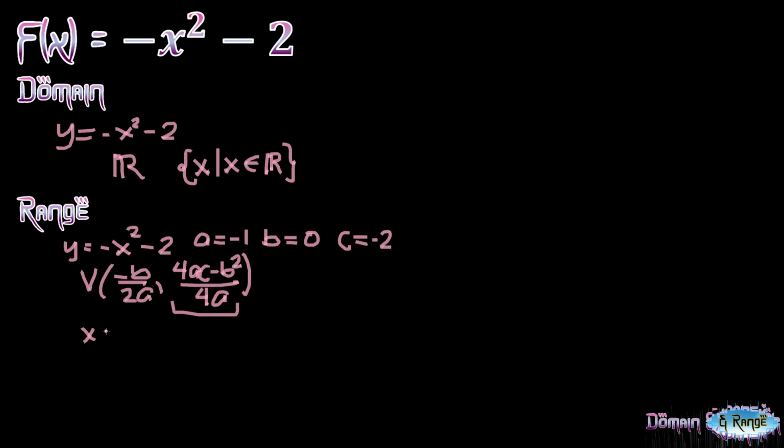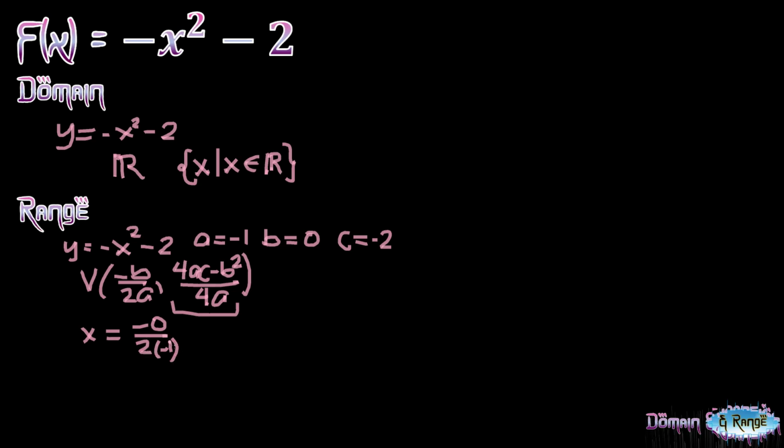Let's substitute here. Of course, you can substitute all three of these and we'll get a value of y, which automatically solves the range. But I'm just going to present the value of x first because we're going to illustrate it on a Cartesian plane later. So you have negative of 0 over 2 times negative 1.